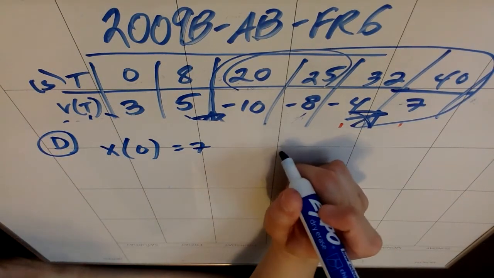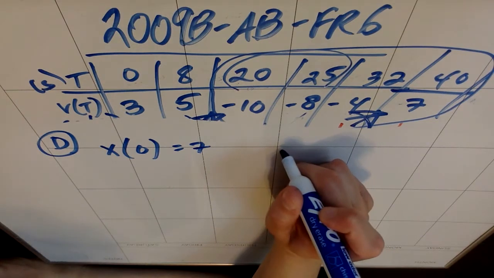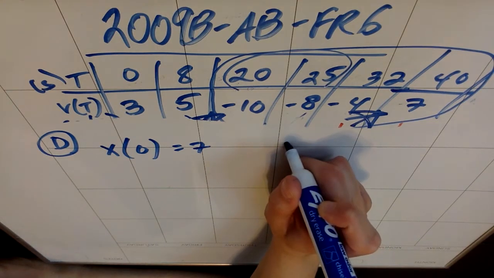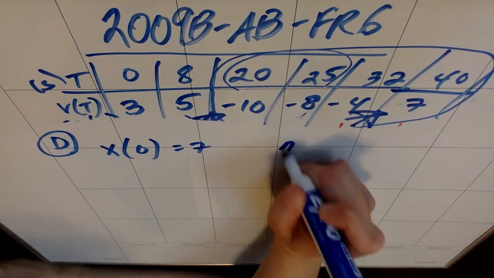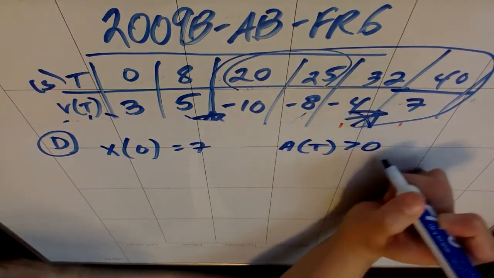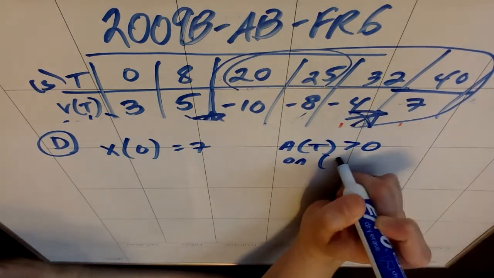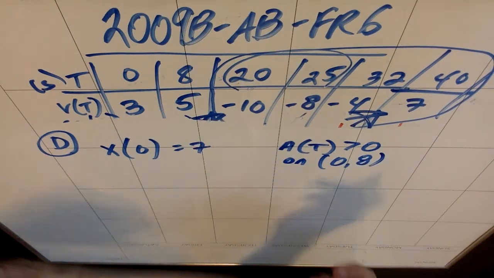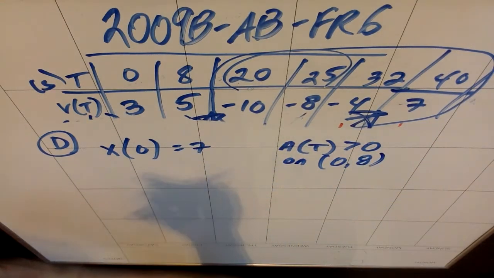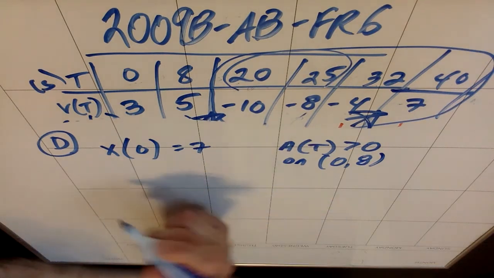We know that acceleration is positive. So we know that a of t is greater than 0 on the window from 0 to 8, right? So here's the argument.